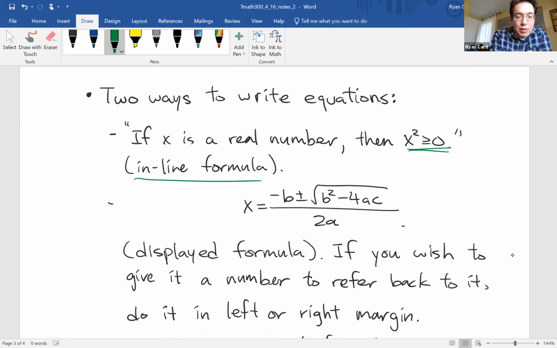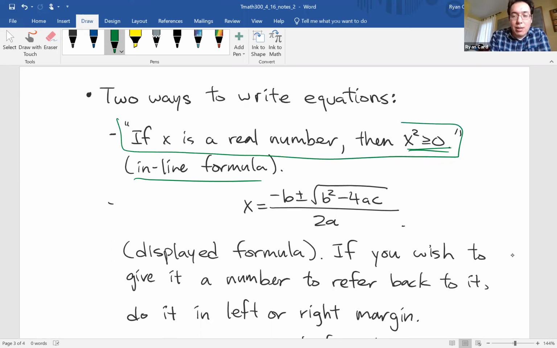So this all fits in one line, and you can type it as you write your sentence. You could do this as long as the equation or formula you're writing down is not too complicated and fits in that line.